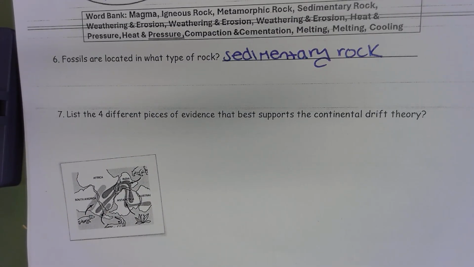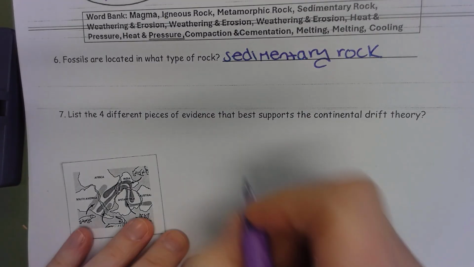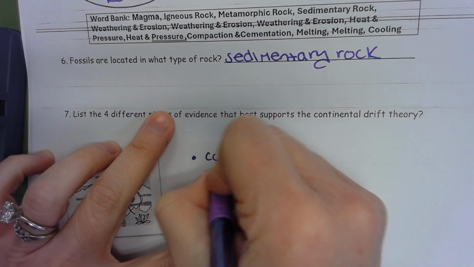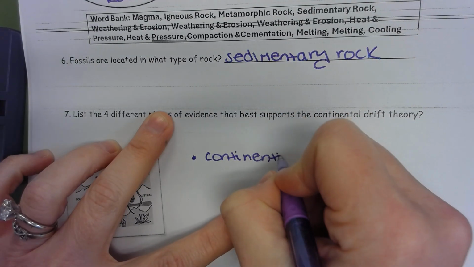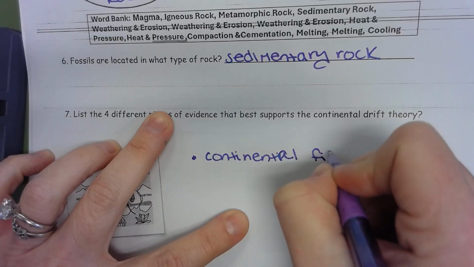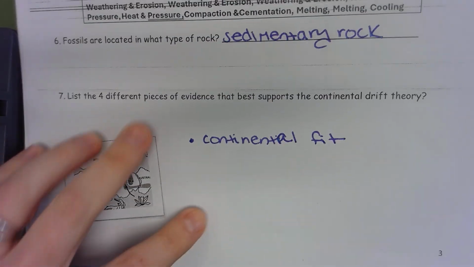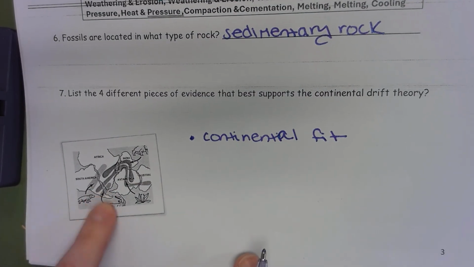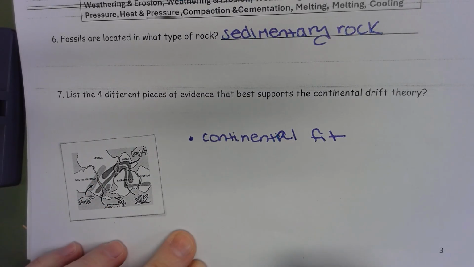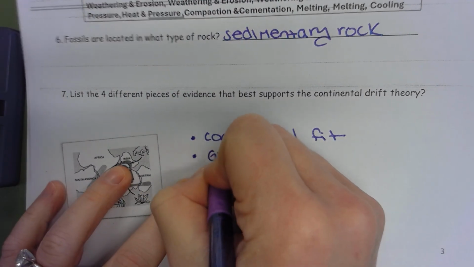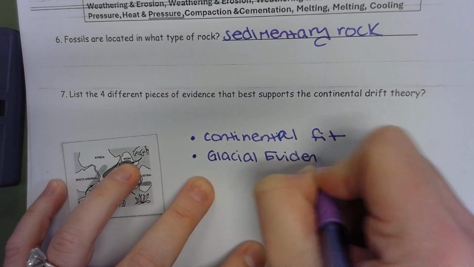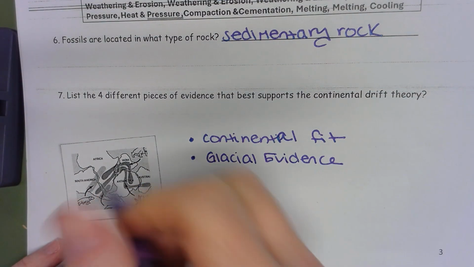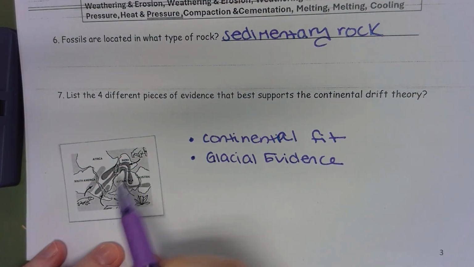All right, list the 4 pieces of different evidence that best supports the continental drift theory. 1. Continental fit. That's like where South America looks like it was snuggling up with Africa at some point. Then we have glacial evidence, where glaciers have scraped over entire continents and the scratch marks match up.